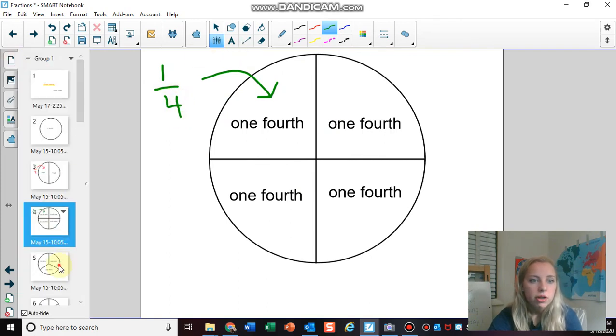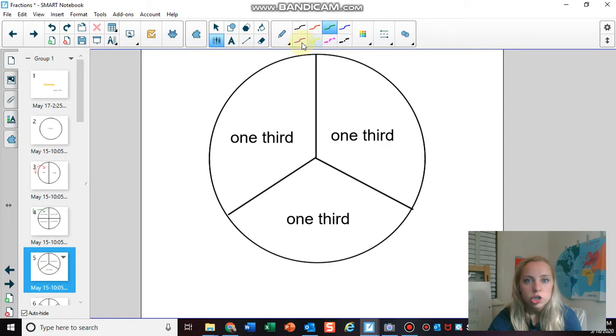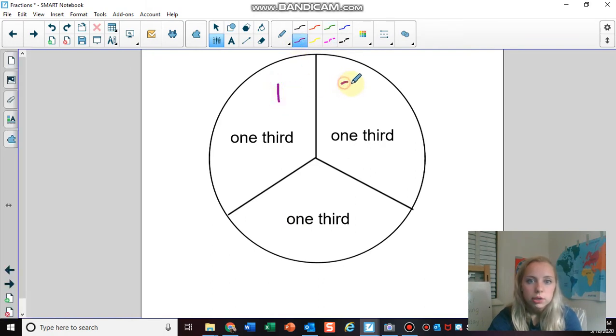The same goes for thirds. This shape is separated into 1, 2, 3 equal parts, which means if I take one away, I have 1 out of 3 parts, or 1/3.